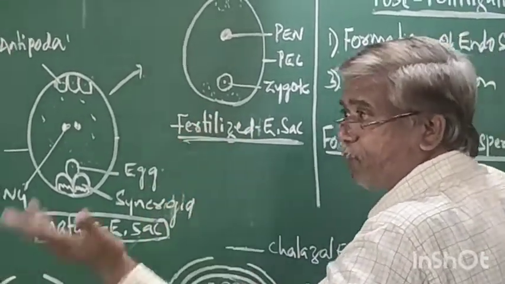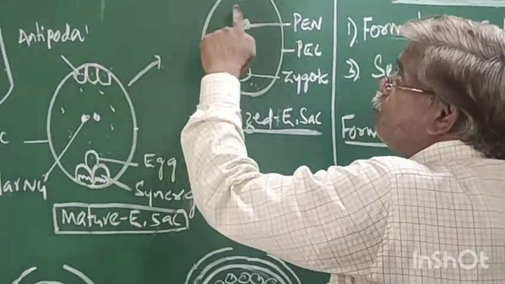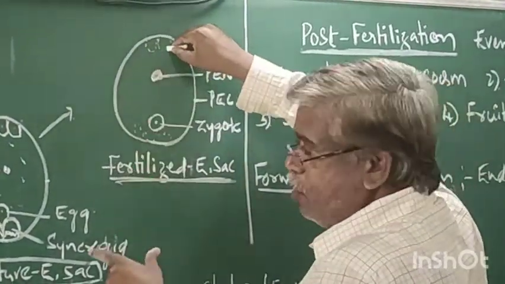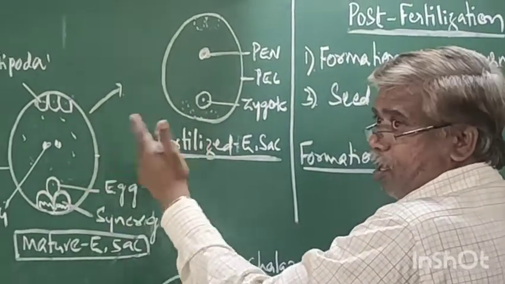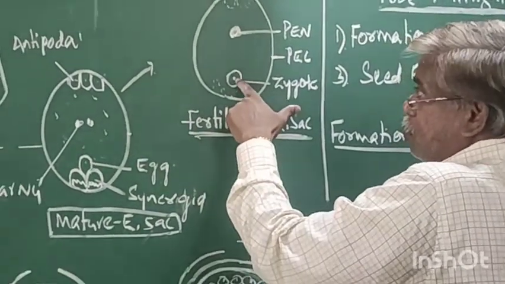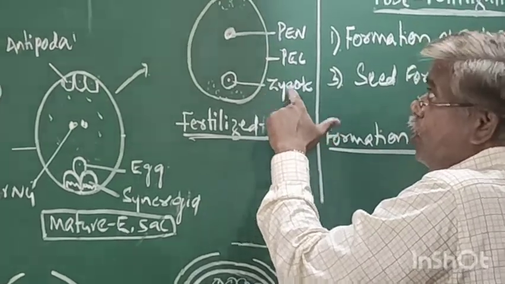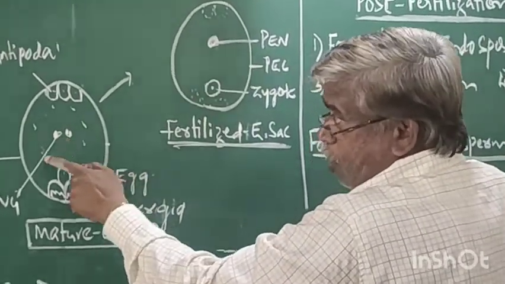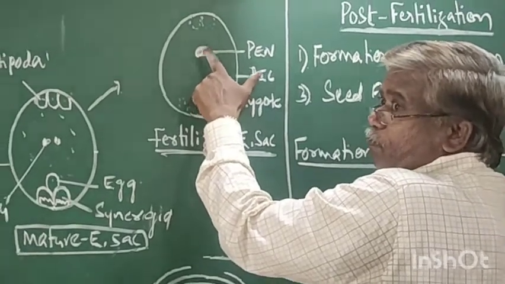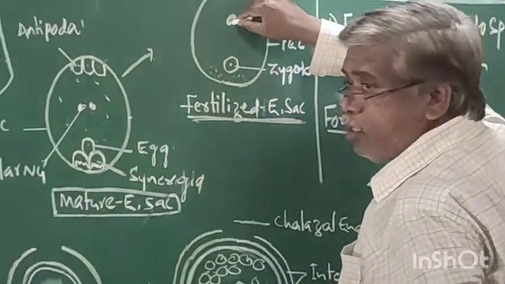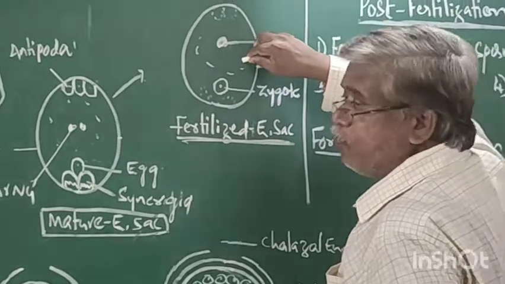That means after fertilization, these antipodals degenerate. The synergids also degenerate. Now see, among these 2, it is not an egg, it is a zygote. And it is not polar nuclei, it is a PEN. This is the cytoplasm.